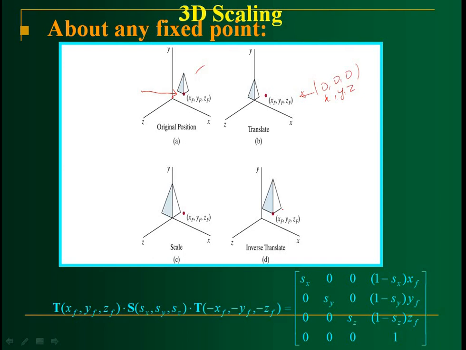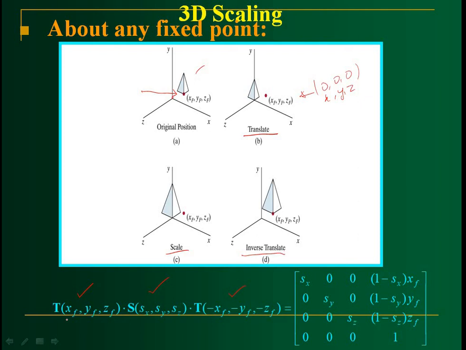So this is how scaling is done if the object is not on the initial 0, 0, 0 of the x, y, and z axes. In this case, we are going to translate it first, then scale it, and then inverse translate. First, we are translating it, as you can see here. Second, we are scaling it, and third, we are inverse translating it.